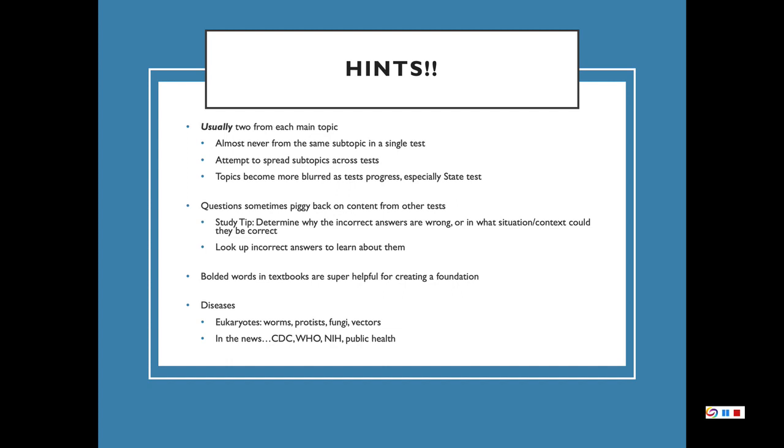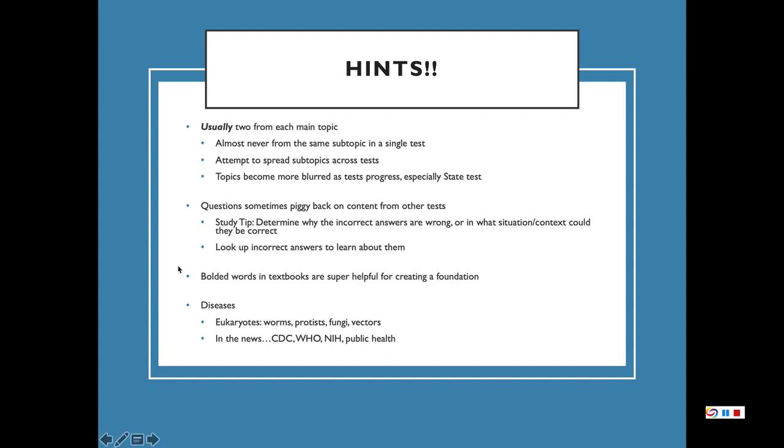That would be some level of thinking you would need to do to address those. Also, if you don't recognize some of the words in the incorrect answers, you should definitely look those up because they might show up on a future test.